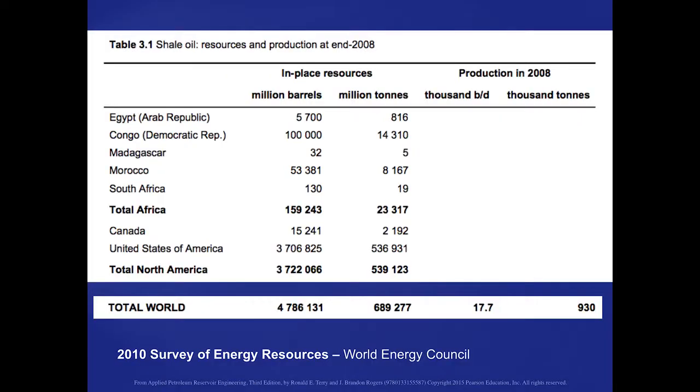So it's a large resource of tar sands oil. This table, again, is from that same World Energy Council report, and this is showing the shale oil resources of the world. And again, this is like 4.7, almost 4.8 trillion barrels of oil in place.